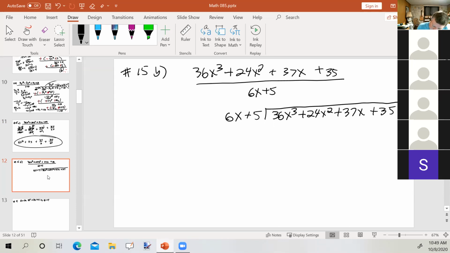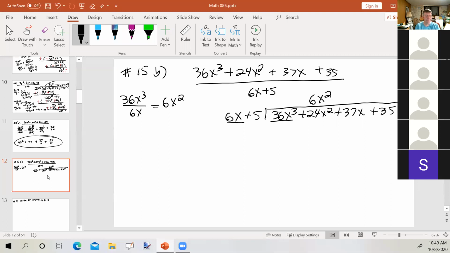I'm going to divide the leading term inside by the leading term outside. 36x cubed divided by 6x is 6x squared.